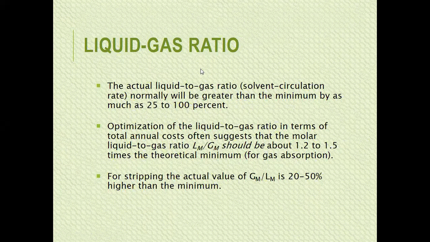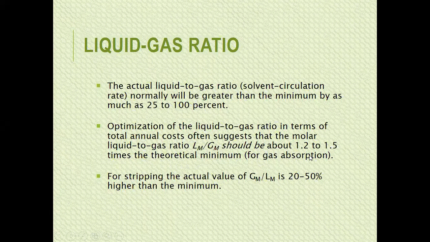Now, for optimization purposes, and that is always the case, optimization of the liquid to gas ratio in terms of total annual cost often suggests that the molar liquid to gas ratio should be about 1.2 to 1.5 times the theoretical minimum.